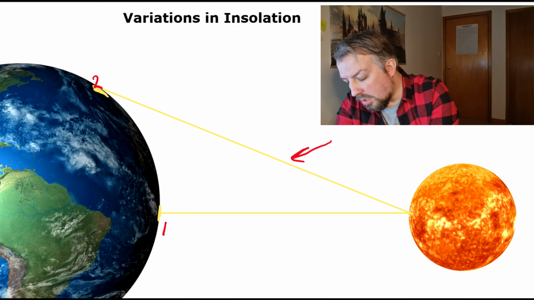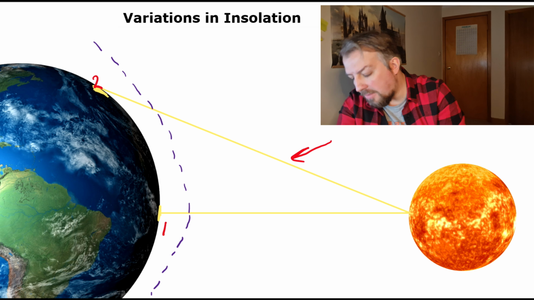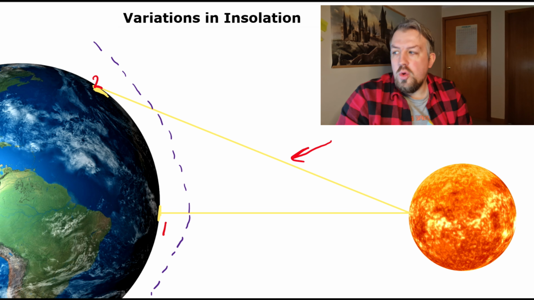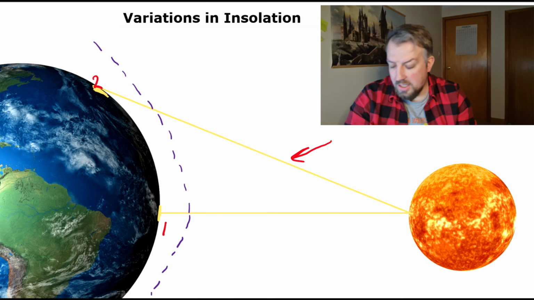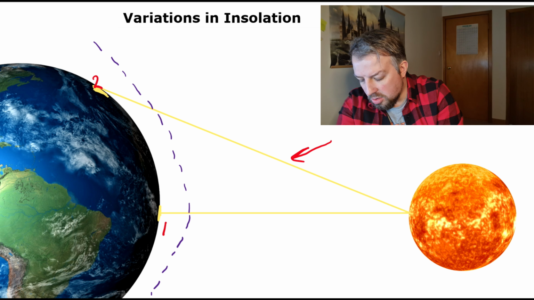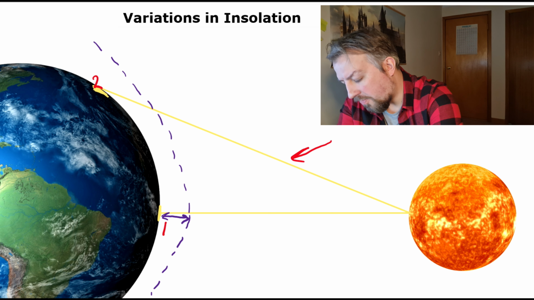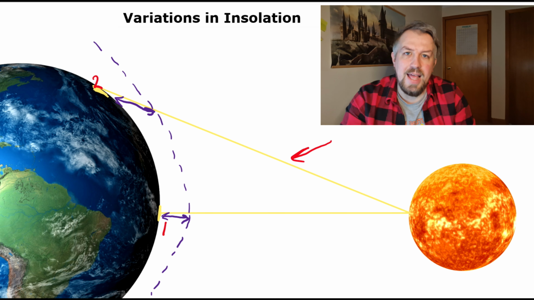Number 2, we actually have to add in our atmosphere for this. So I'm adding in our layer of our troposphere as a purple dotted line. So what we've got for this one is that we can see that at the equator, the distance that the energy has to travel through is a lot less.